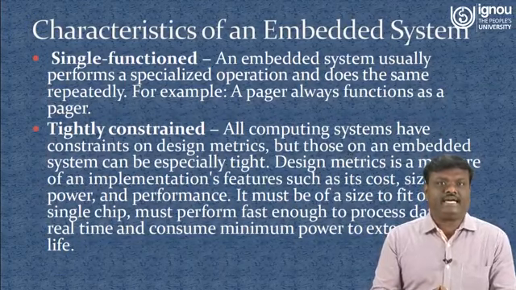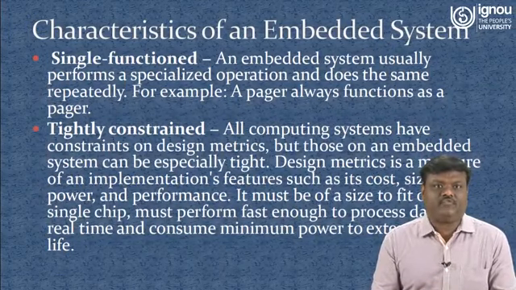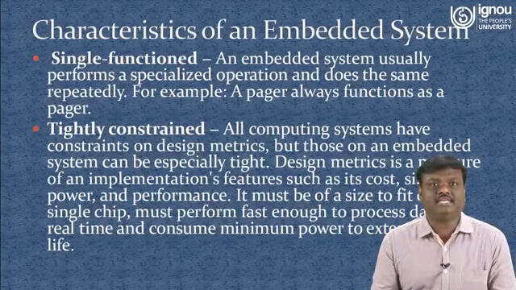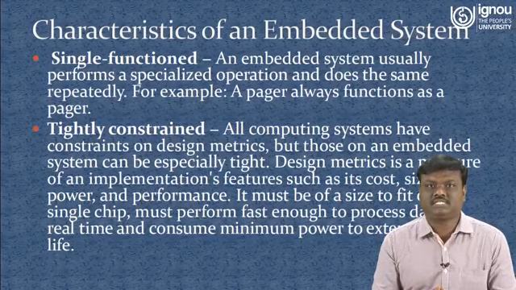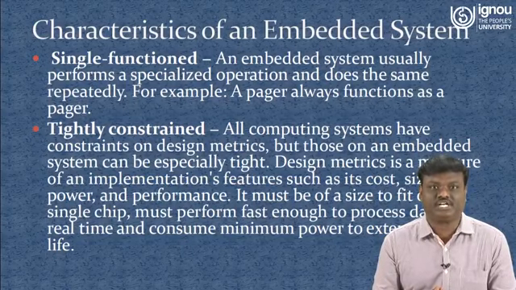Coming to the characteristics, one is that it is mainly single function. In most of the systems in the list, the embedded system is inbuilt with a single function. If there are three functions to be catered to, three different kinds of embedded systems may be inserted into the system depending upon the functionality.